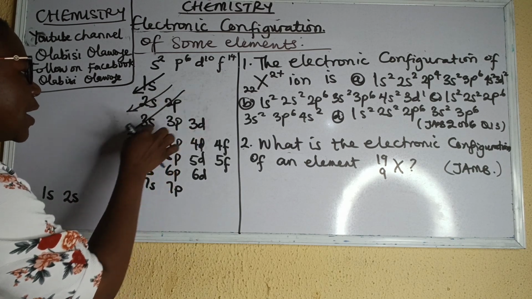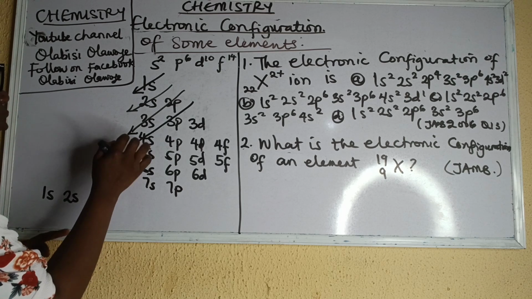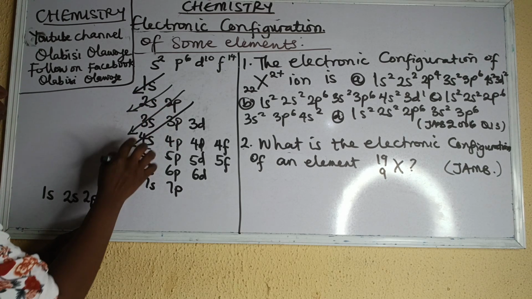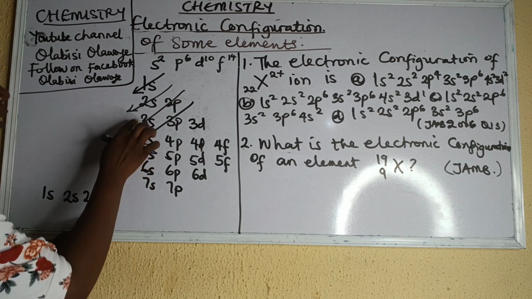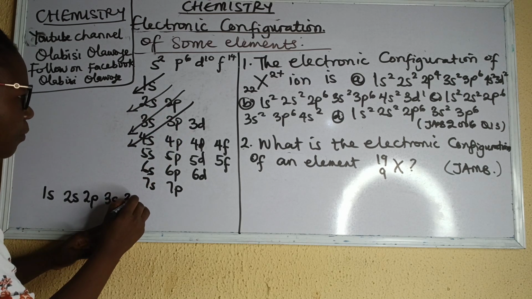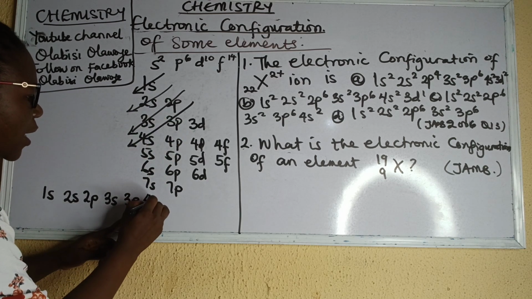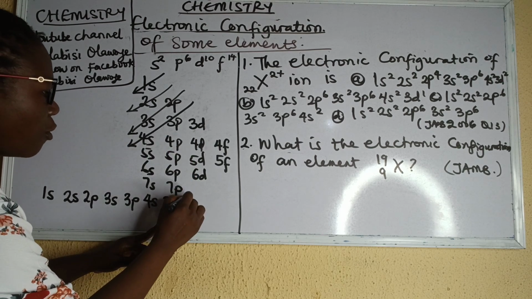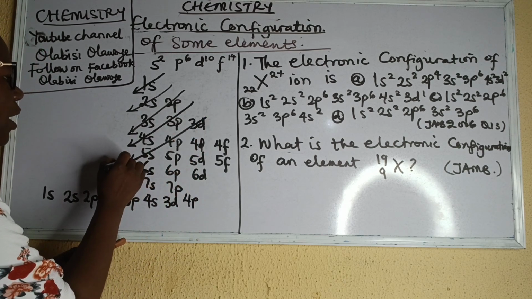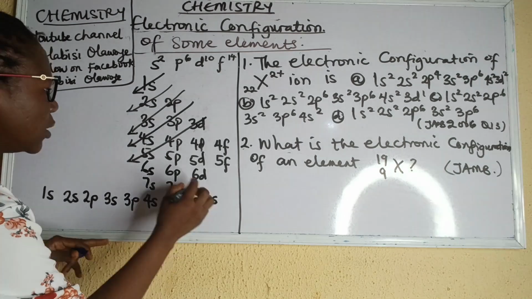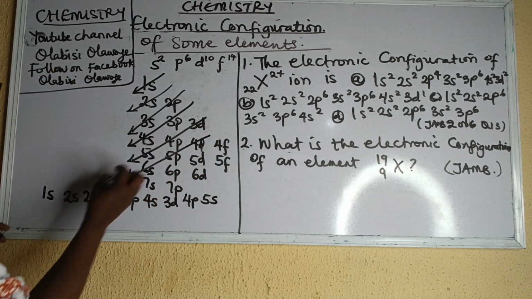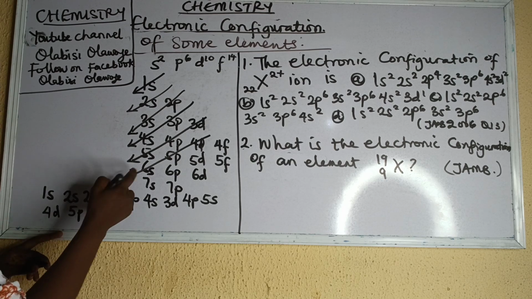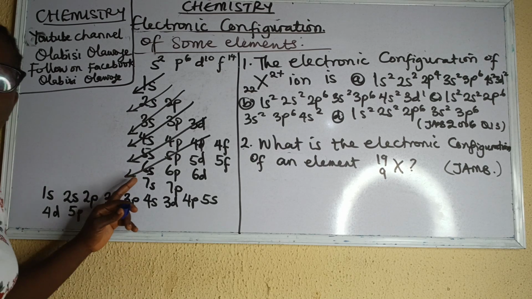So after 1s, the next one is 2s, then we have 2p followed by 3s, then 3p followed by 4s, then 3d followed by 4p followed by 5s. The next one is 4d followed by 5p. Then we have 6s diagonally.